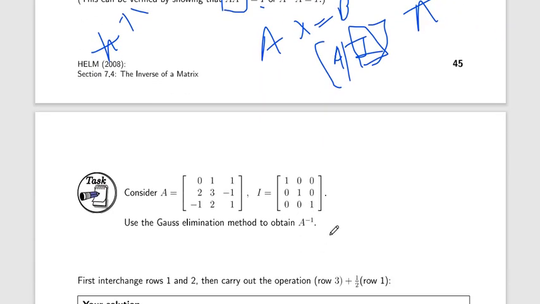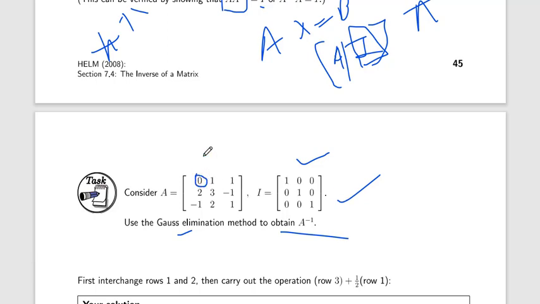so let's start with the second example so you can get a better idea. Here A is equal to this matrix and I is equal to this. With the help of Gauss elimination, obtain A inverse. Now you can see that here we have 0.